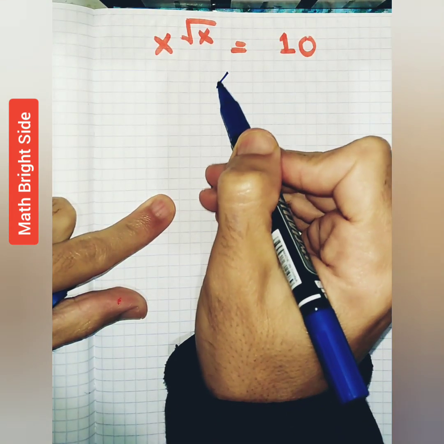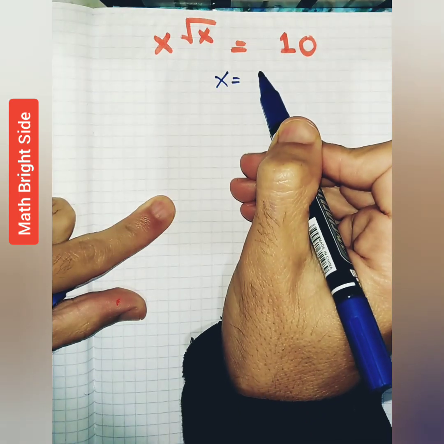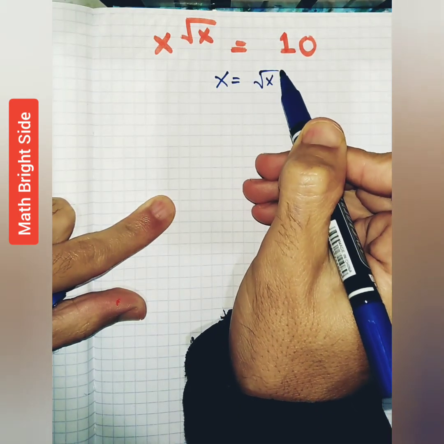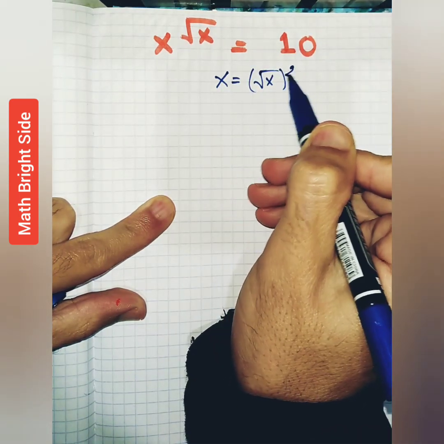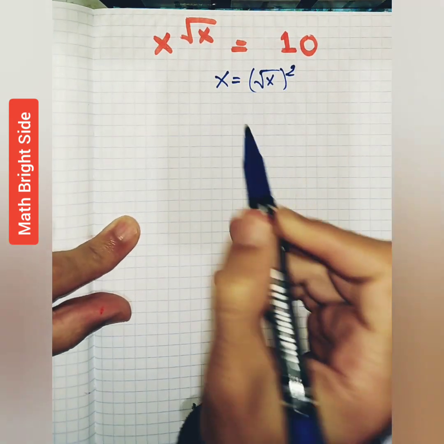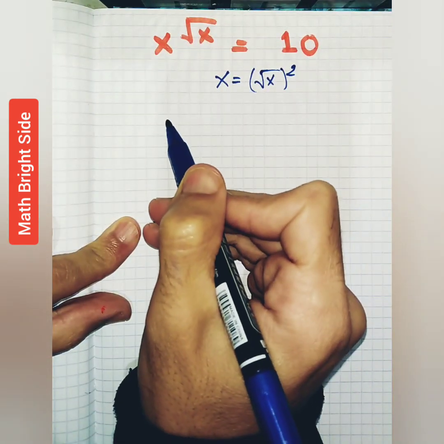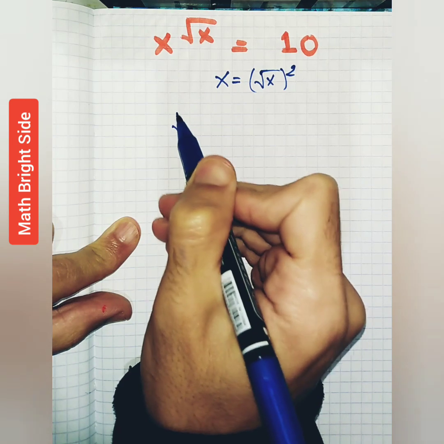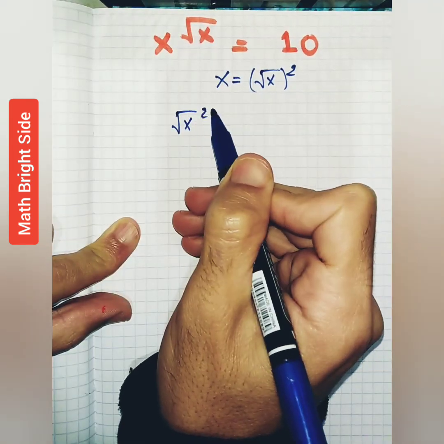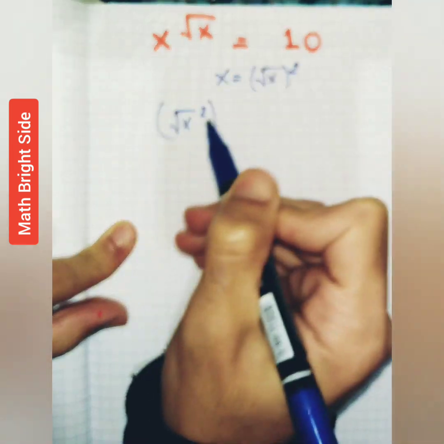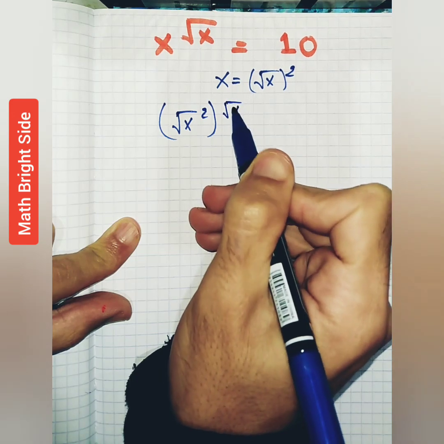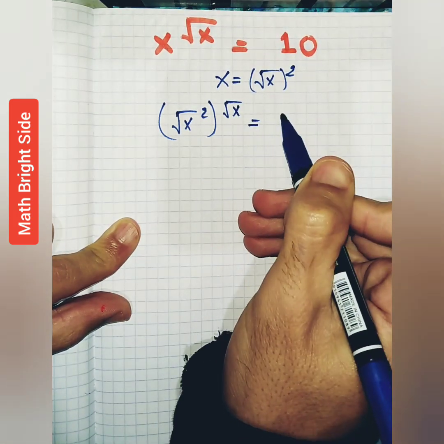We know that x equals square root of x power 2. So x power square root of x equals (square root of x squared) power square root of x equals 10.